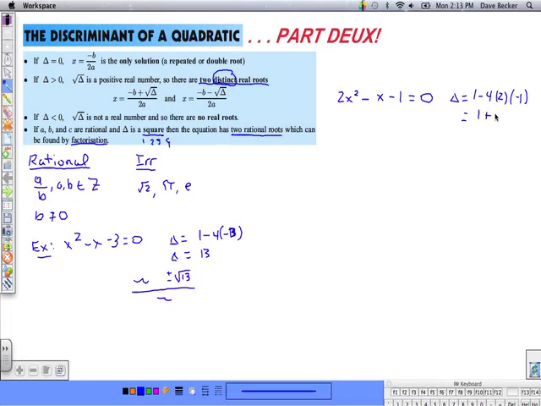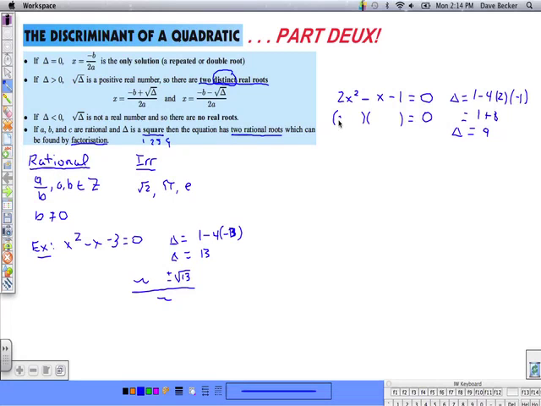That makes us 1 plus 8, which equals 9. So delta is a perfect square. That means it's factorable, and if it's factorable, that means I'm going to have rational solutions and or rational roots, and I'm going to have two of them. Might have a double root. That occurs when there is a perfect square trinomial. More of that in a sec.